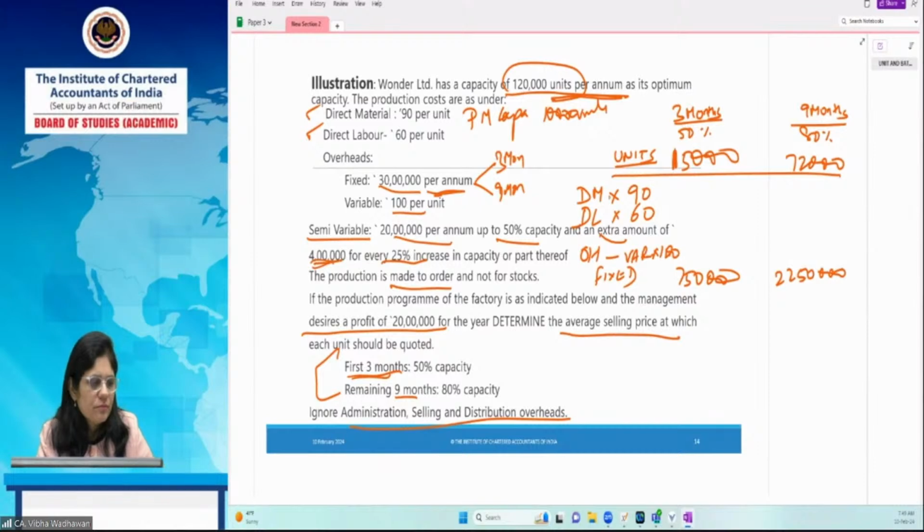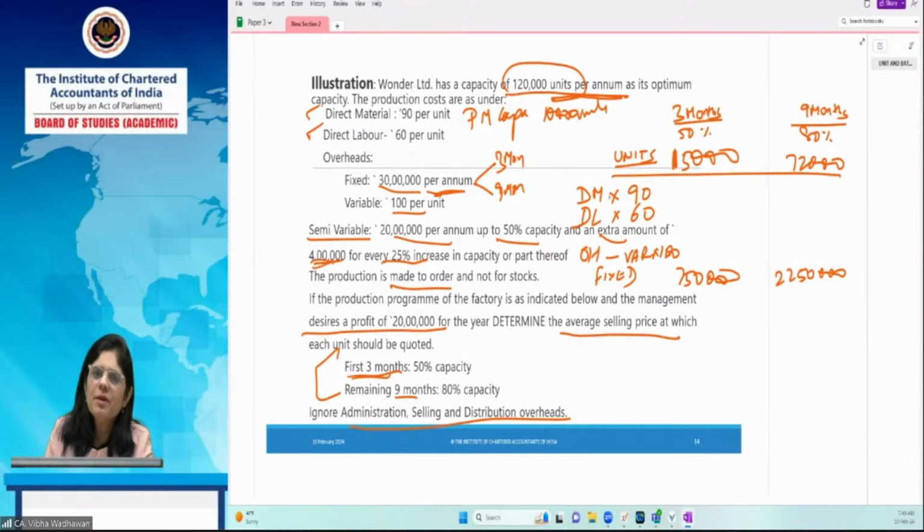No, fixed overheads you will not do as per capacity. Fixed overheads will be fixed. Fixed overheads will not change with less capacity; they will remain the same. Fixed overheads are time-based, not production-based, not capacity-based.